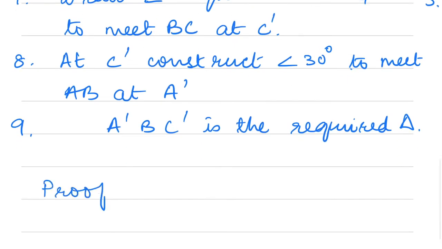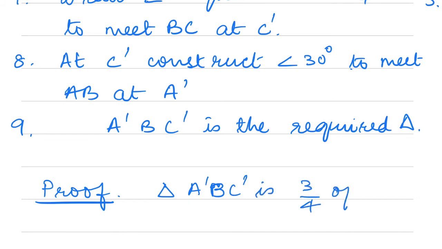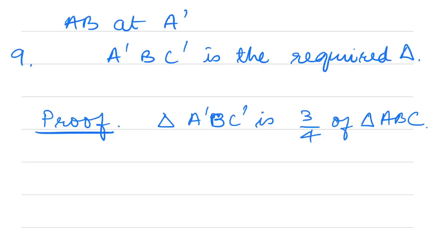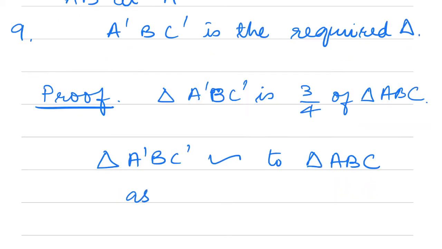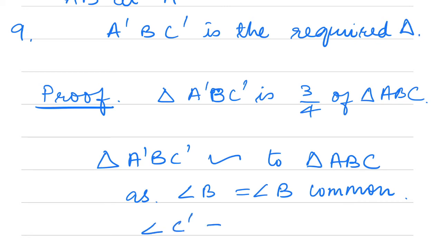Now prove triangle A dash B C dash is 3/4 of triangle ABC. Triangle A dash B C dash is similar to triangle ABC, as angle B is equal to angle B common, and angle C dash is equal to angle C by construction.